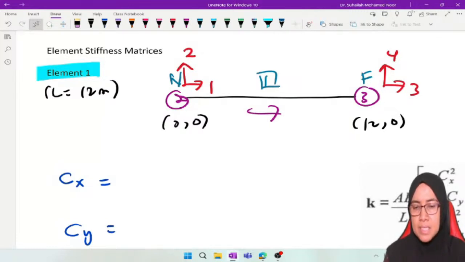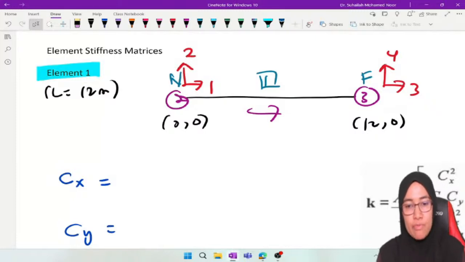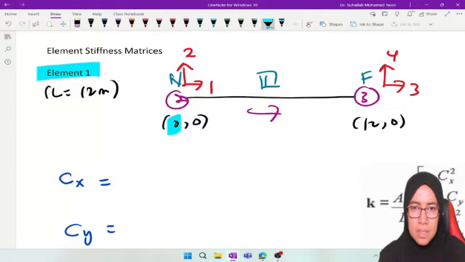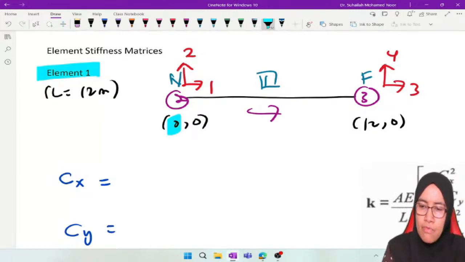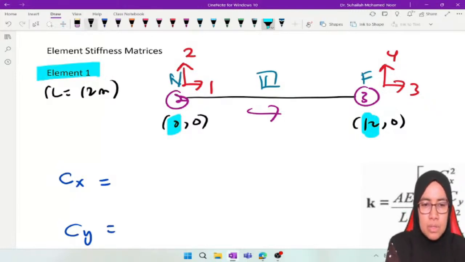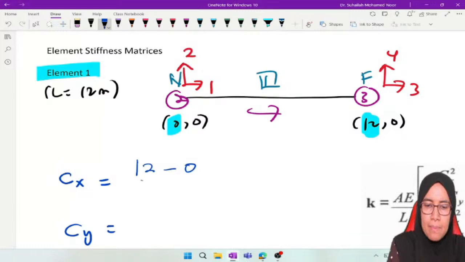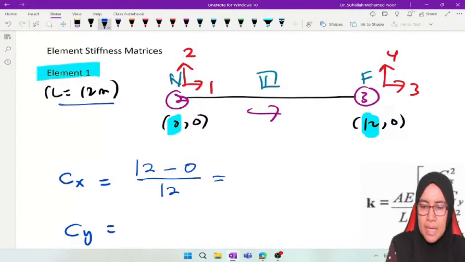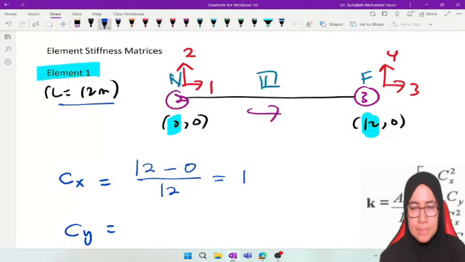Near x is 0, far x is 12. So Cx is far minus near, 12, divided by length. Length is 12. So this is equal to 1.